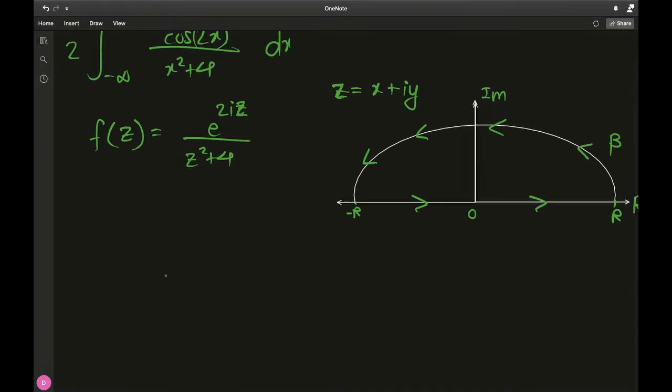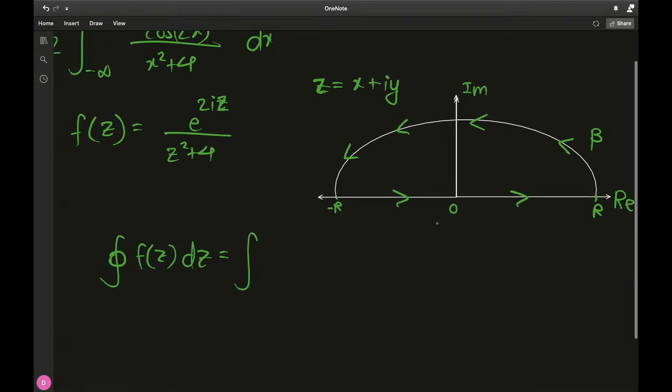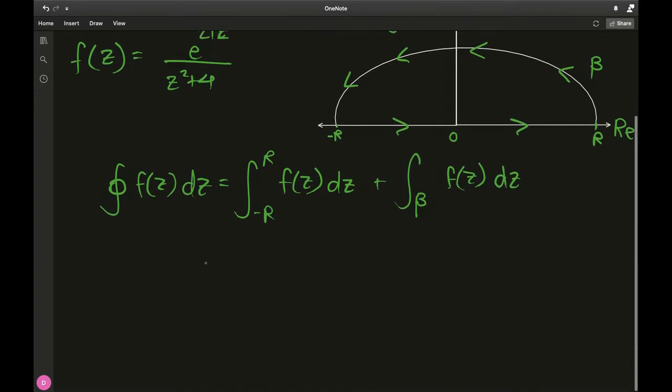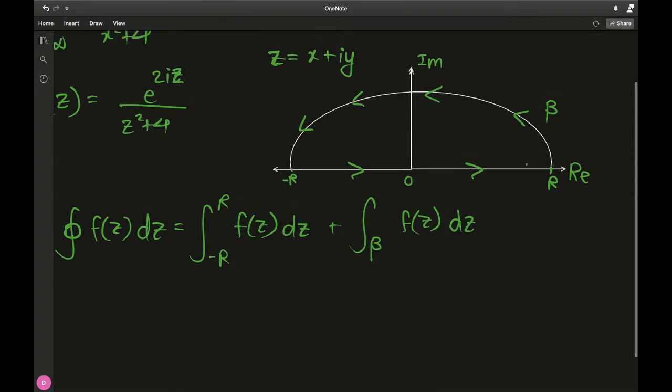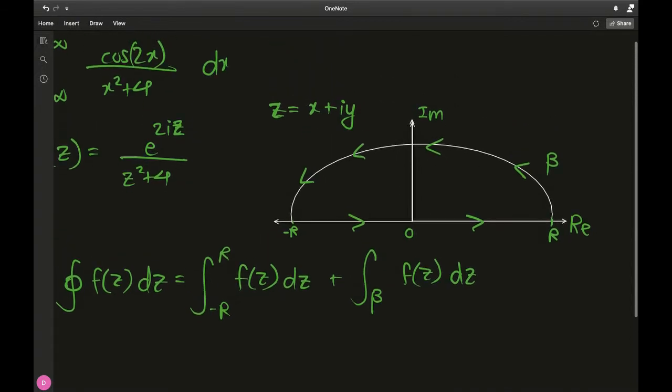Okay, so the way we're going to do this is, the contour integral or the closed integral on this entire loop of f of z dz is equal to the integral from negative r to r of f of z dz plus the integral over beta of f of z dz. But notice that on the path of minus r to r, we are completely on the real axis. So the imaginary component or the y coefficient will always be 0. The coefficient of i will always be 0 because we are on the real axis.